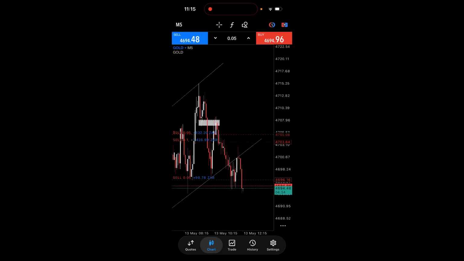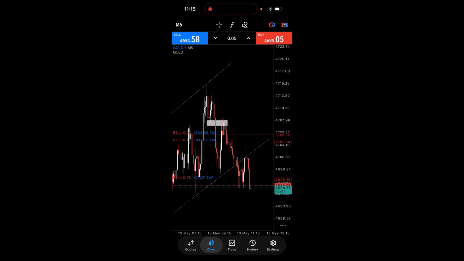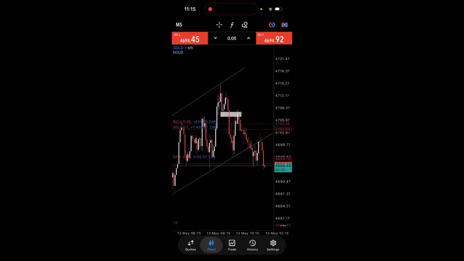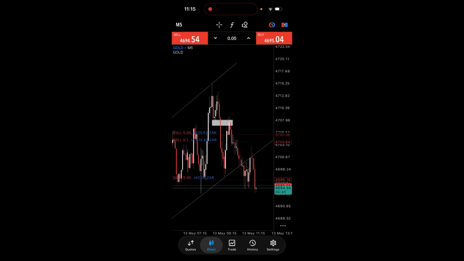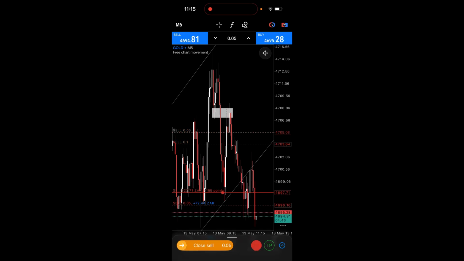All right, so our candle has just opened. You know what, if we go above, let's say somewhere around here, this is where we are going to set our stop losses.